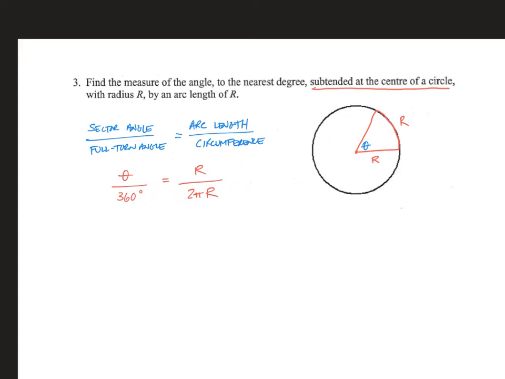Now I can work my way through, simplify, and solve. The problem asked to find the measure of the angle, which means I want to solve for theta. So I'm going to get theta all by itself, which means I can multiply out my 360 degrees.